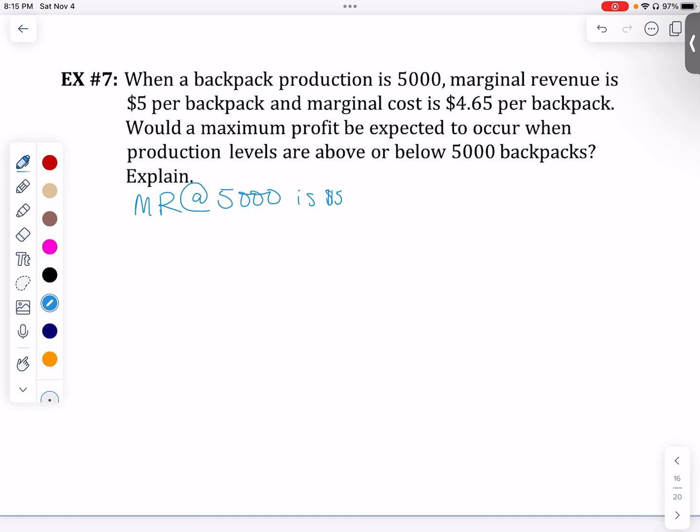It's like my slope, and I can tell that my marginal cost at 5,000 is $4.65. And since my marginal cost is less than my marginal revenue, the company will make more in extra revenue than it will spend in extra costs. So you should expect maximum profits are somewhere above 5,000 backpacks.